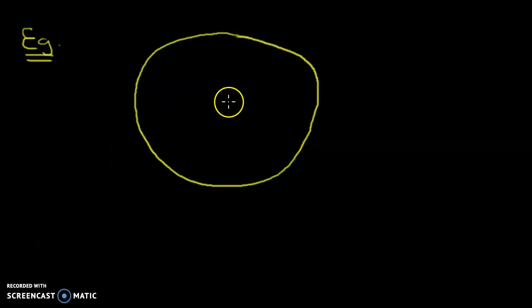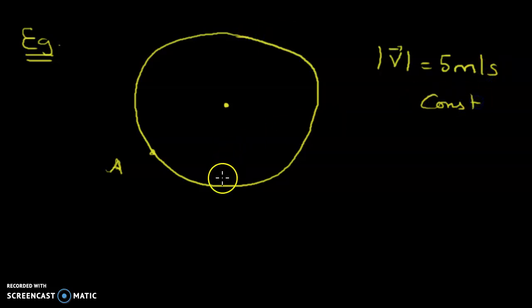Take for example this is the center of the circle, and the particle is here at this point A, and its speed is 5 meter per second, and this is constant. From there to there it goes. We need to find the change in velocity.